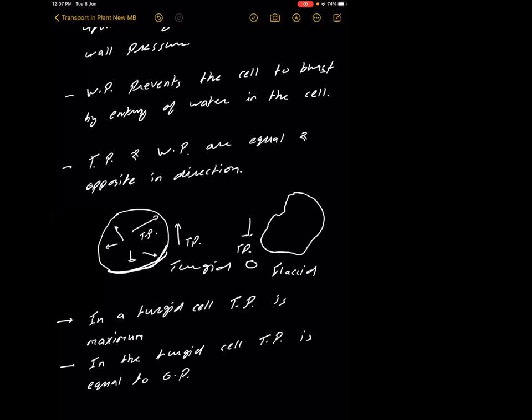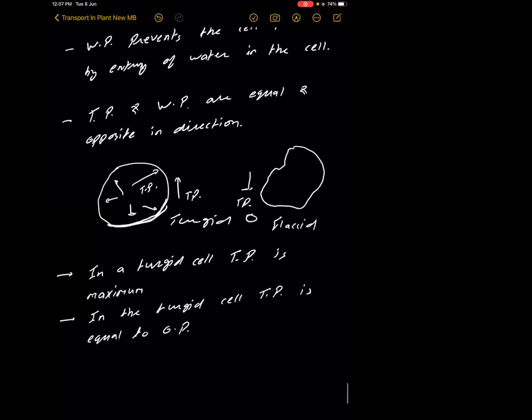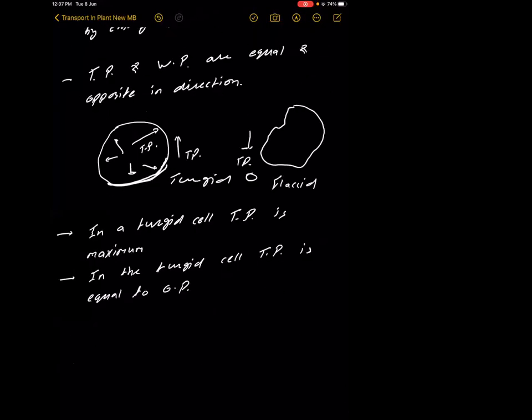Water cannot move in the fully turgid cell when Tp is maximum. So here OP and Tp are the same. So in a turgid cell, turgor pressure is maximum, and it is equal to osmotic pressure.